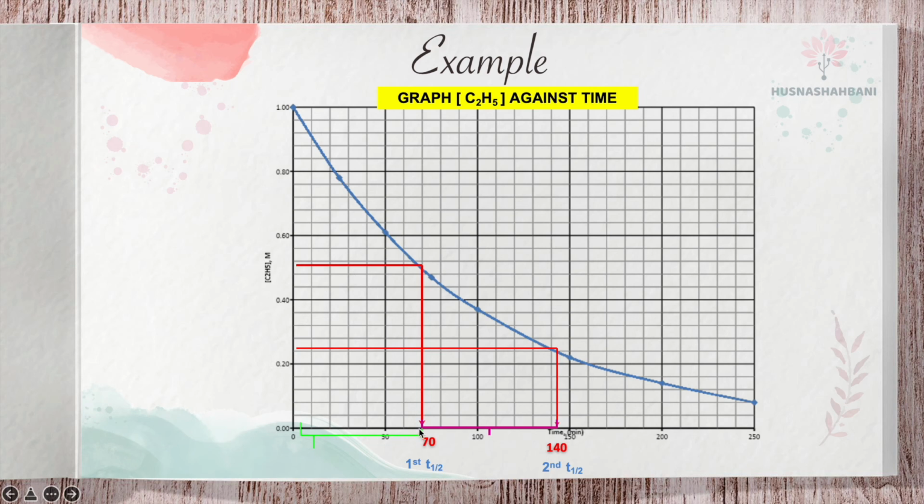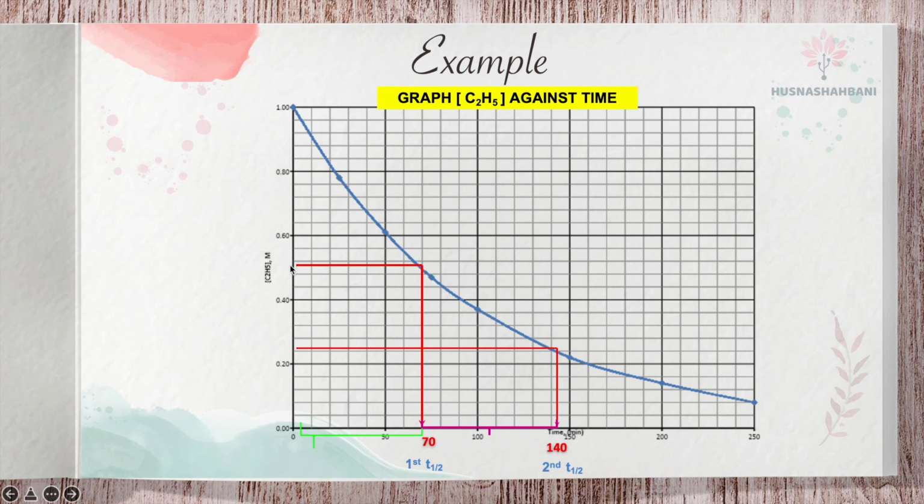So if you look at here, the first half-life, first here you have 1. The concentration of C2H5 is 1 molar, and then half of 1 is 0.5. So if you look at 0.5, half of the initial concentration means half-life. The time taken for the concentration to become 0.5 molar is 70 minutes.